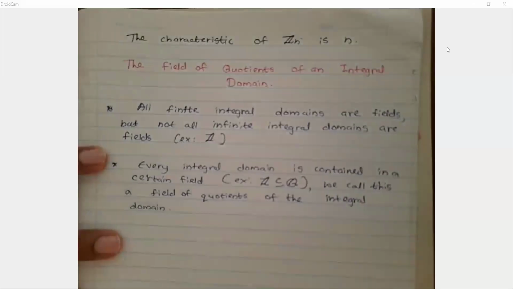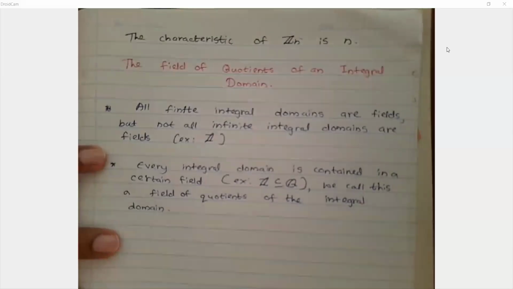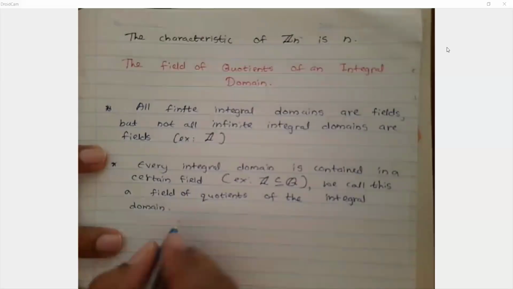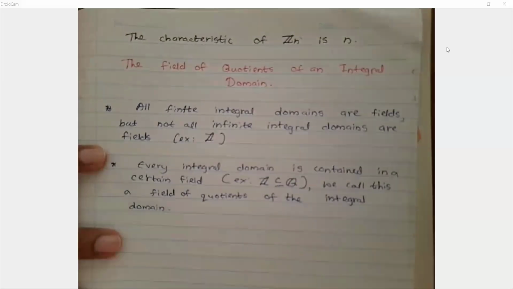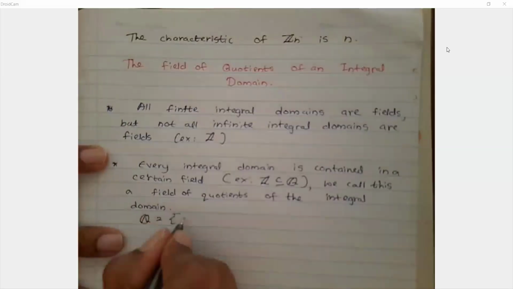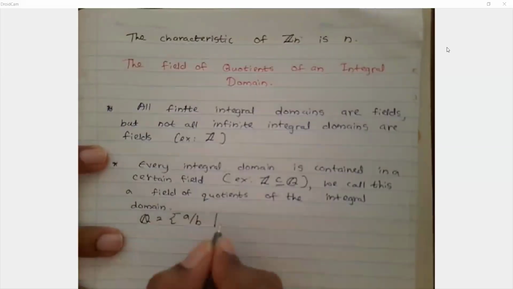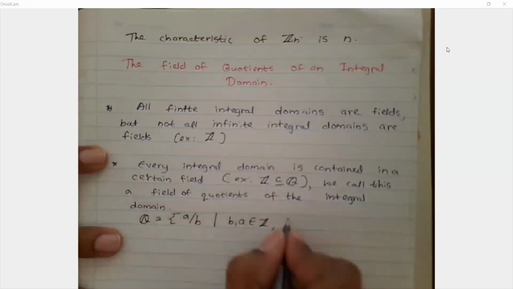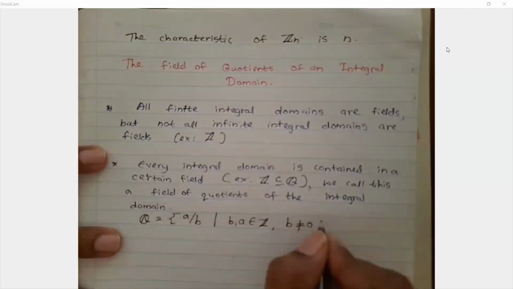Now observe, to make sense of this idea of a field of quotients. You have Z containing integers. Now what sort of elements do we have in Q? In Q we have elements of the form a over b, a quotient. Where do we get this a and b from? A and b come from the ring of integers with this additional condition of b being non-zero.